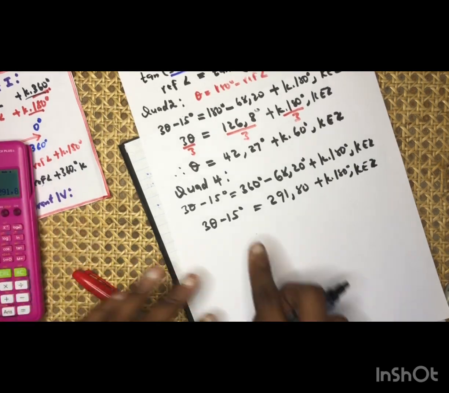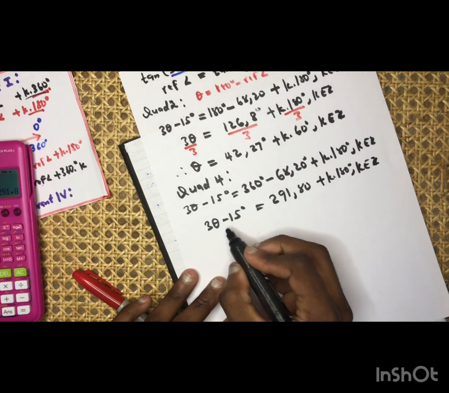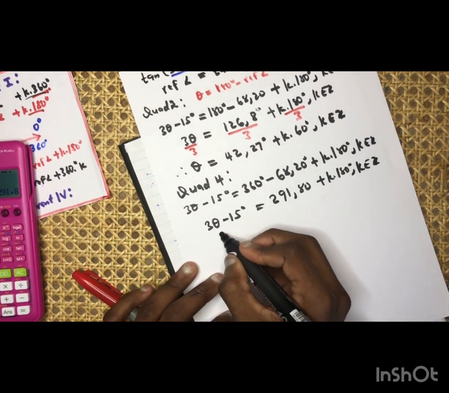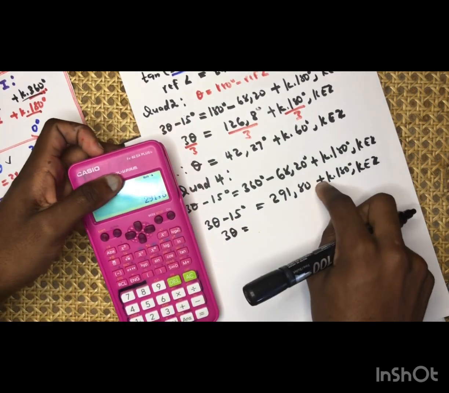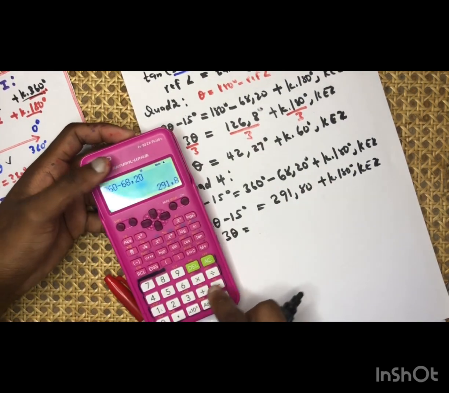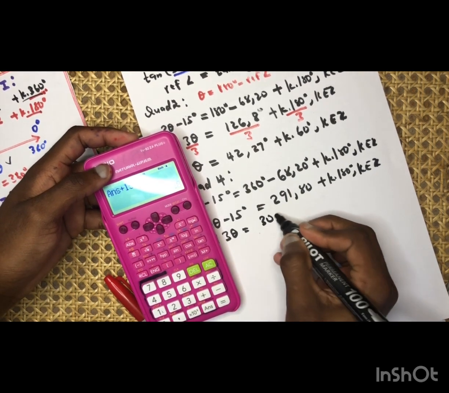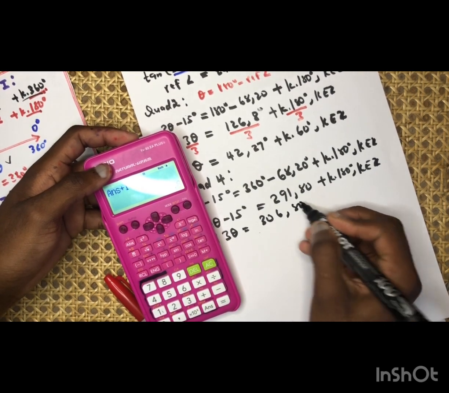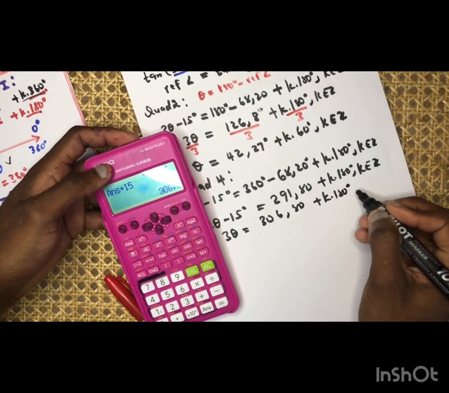Guys, you have to transpose this one to that side. Understand? You are going to do the same steps. So it's going to be 3 theta is equal to, if we transpose negative 15 to this side, the sign is going to change to become positive, so plus 15. So you are going to get 306,80 plus k times 180 degrees.